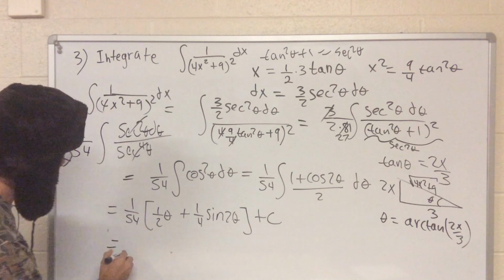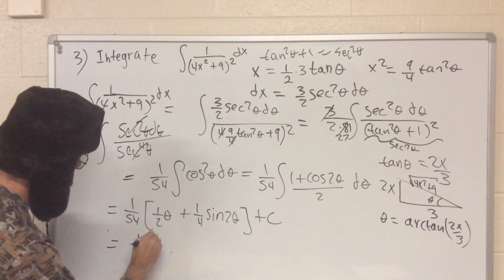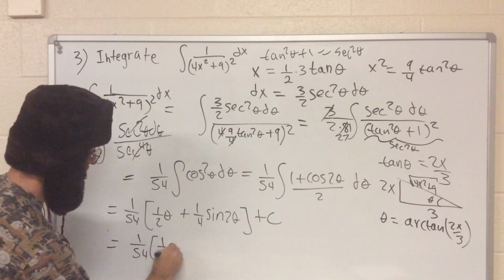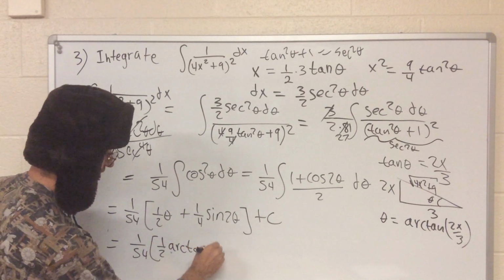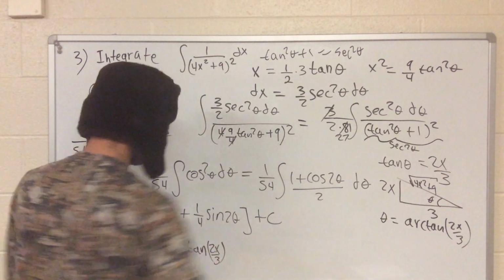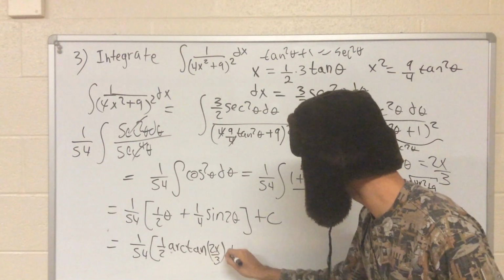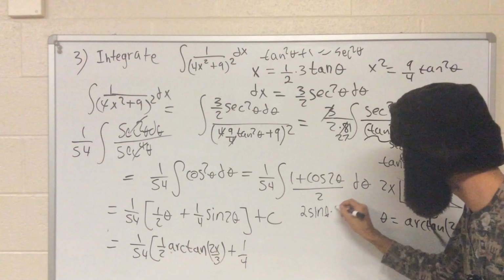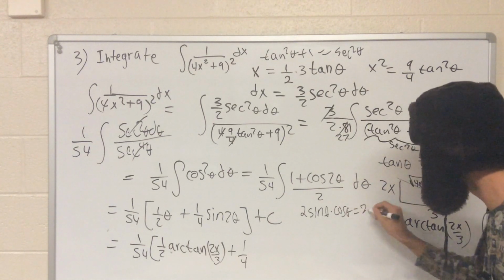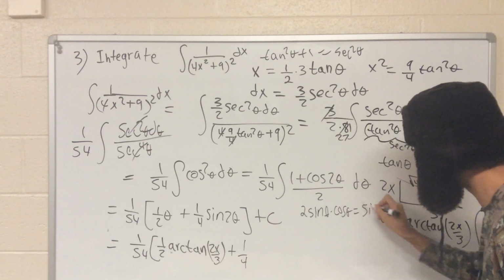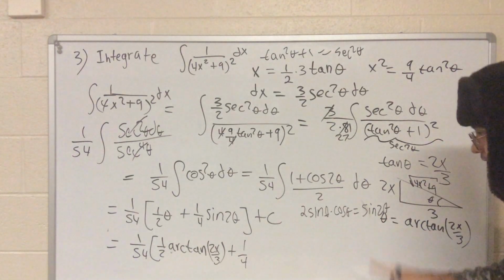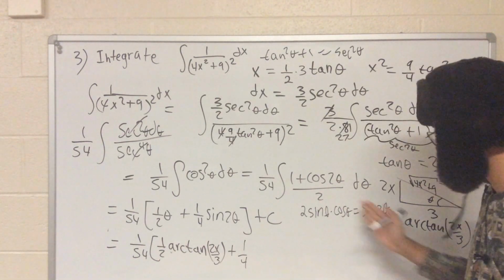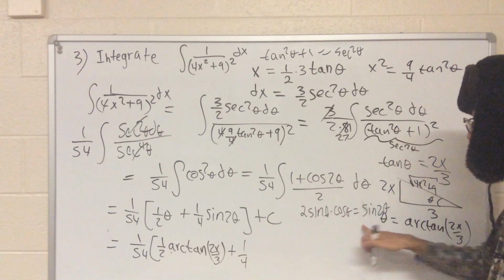So the integral will be equal to 1 over 54 times 1/2 arctangent of 2x over 3, plus 1/4 sine 2 theta. Sine 2 theta is basically 2 sine theta times cosine theta.